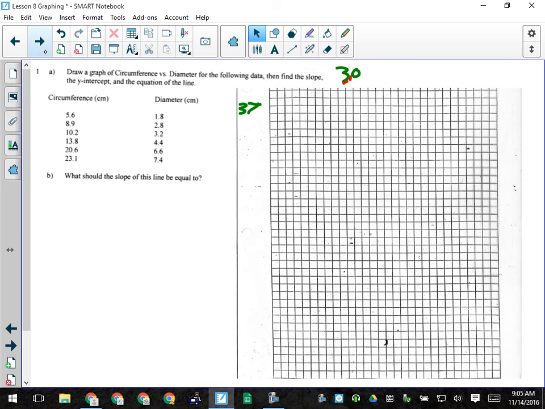So what we're going to do is go into Google Sheets and build a chart that has these two variables on it, and we're going to build a graph of it. In this chart, we're going to be graphing diameter and circumference. Which one depends on the other?